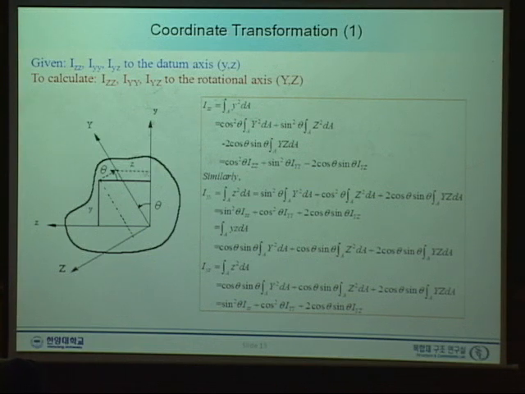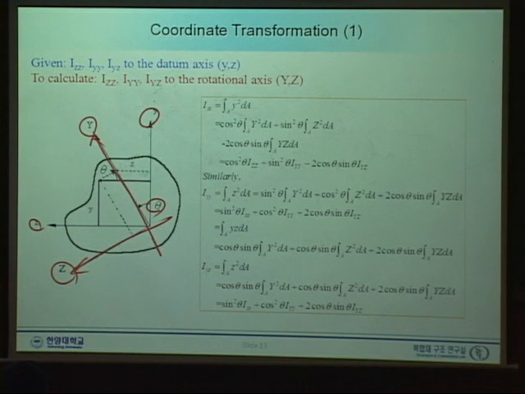But here is a different equation called coordinate transformation. So we have the Y and Z axes, and what if we have an axis rotated by theta with respect to this axis.